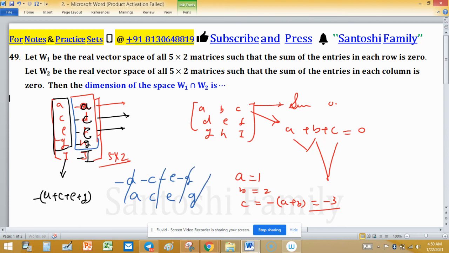So it is perfect. So how many independent choices or non-zero values are here? Maximum non-zero values: A, C, E, G. I is dependent on their sum. So there are 4 independent choices here. So the dimension of W1 intersection W2 is 4.